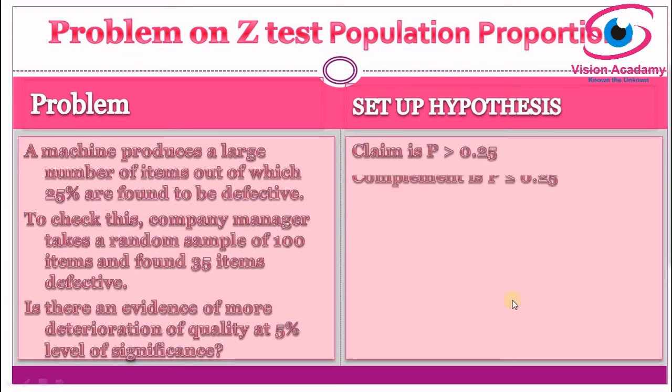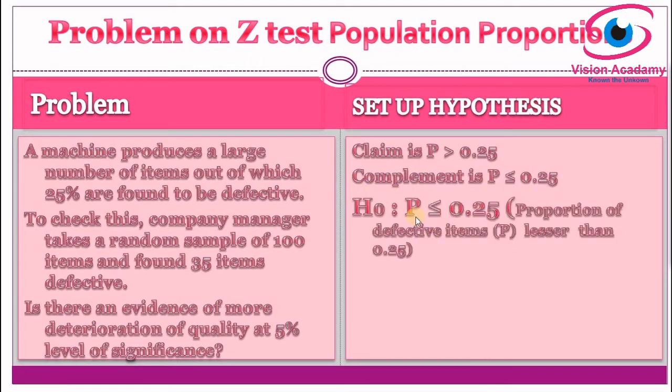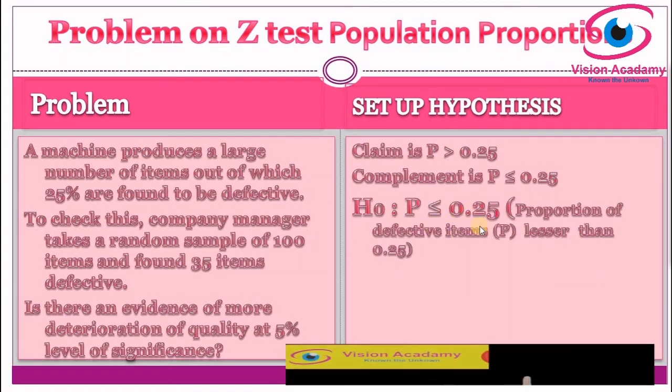Then its complement would be P less than or equal to 0.25. When we say there is more than 25%, it can't be less than that. So the complement will be less than or equal to 0.25. Observe that since the complement contains the equality sign, we will take the null hypothesis as the complement, that is P less than or equal to 0.25.